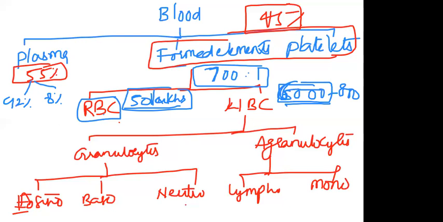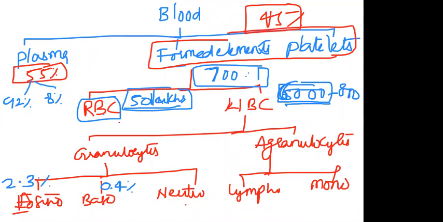Within the WBC, we need to talk about the percentages. So let's talk about the percentages. In that, the granulocytes and agranulocytes, we'll take one after another. Number one, basophils occupy 0.4%. Eosinophils nearly 2.3%.